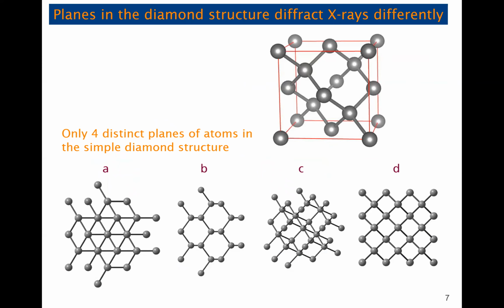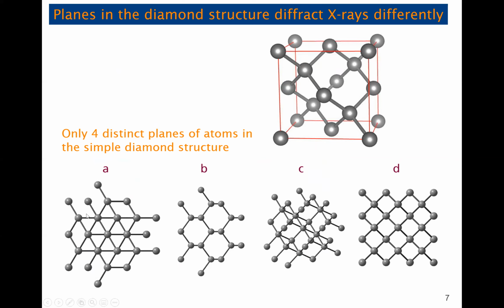But I'll go into another example here with the diamond structure. The diamond structure is actually highly symmetric, so there are only a few distinct planes of atoms in the structure. I'm showing essentially 4 different slices through the diamond unit cell, which is shown at the top here.